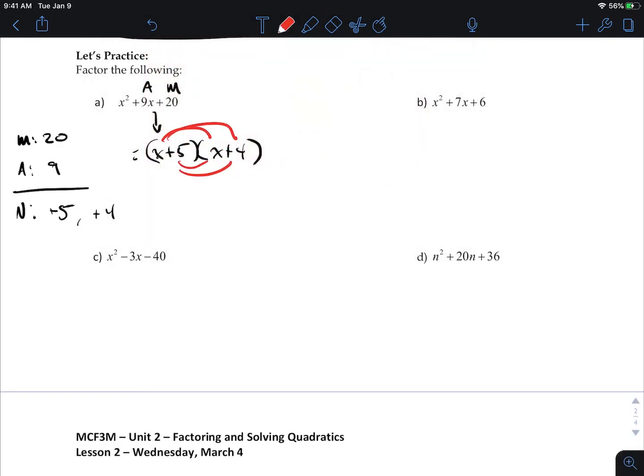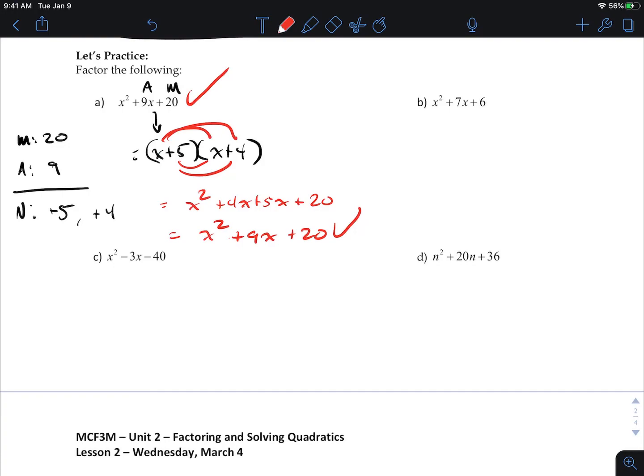I'll check it in red. x times x will be x squared plus 4x plus 5x plus 20. That matches that. I know I've done it right. I'm checking with expanding, but I'm factoring to get it into factored form.